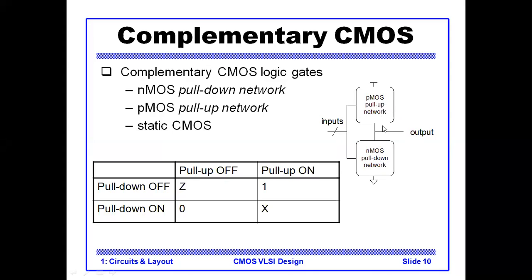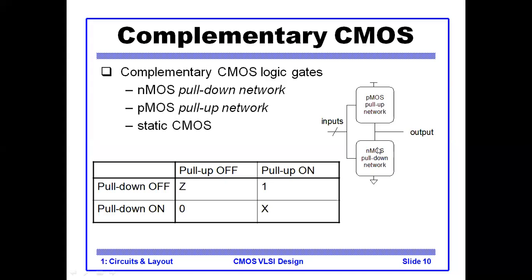Okay. So the question arises: why is NMOS preferred in the pull-down network? The answer is that NMOS passes a strong zero signal, because these are the fast transistors. NMOS is called a fast transistor compared to PMOS, right?